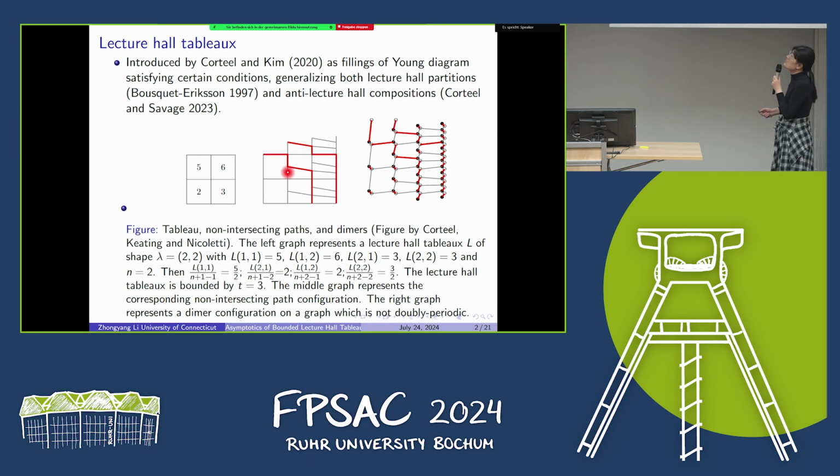This electrical tableau is in one-to-one correspondence with non-intersecting paths on a newly constructed graph. So how do we construct this correspondence?